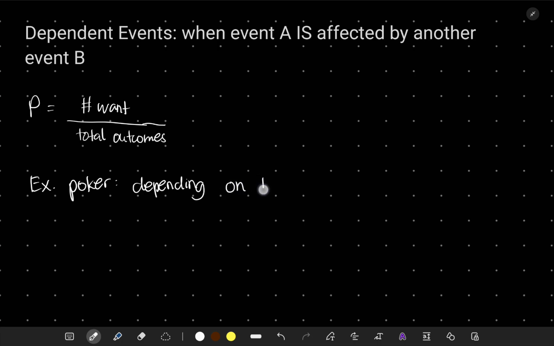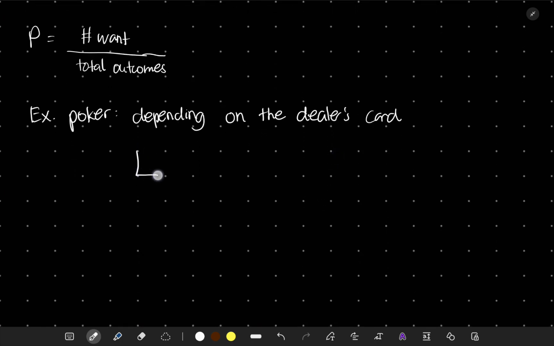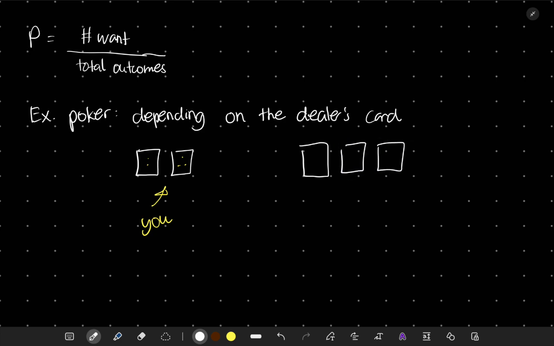Basically, the way that poker works is that you have two cards to start off with. So this is you, right? Let's say you have a 2 and then a 3, to get maybe a straight. And then the dealer provides, I don't know, something like this. 1, 2, and then has basically 3 cards.